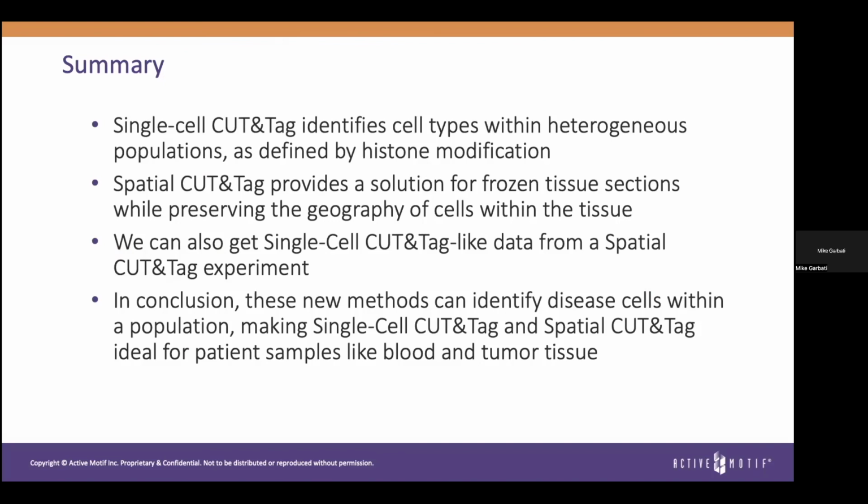We can also get single cell cut and tag like data from a spatial cut and tag experiment. And in conclusion, these new methods can identify disease cells within a population, making single cell cut and tag and spatial cut and tag ideal for patient samples like blood or tumor tissue.